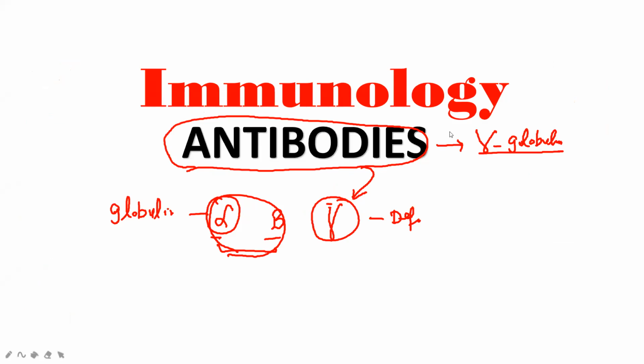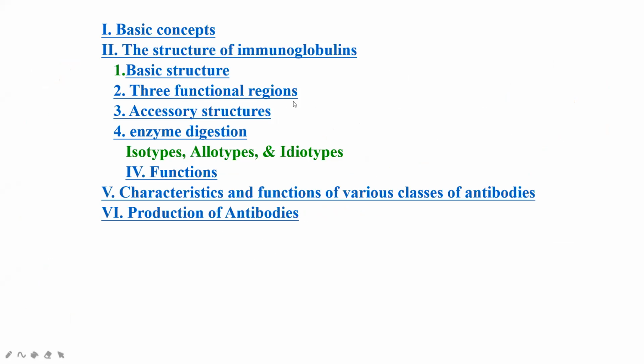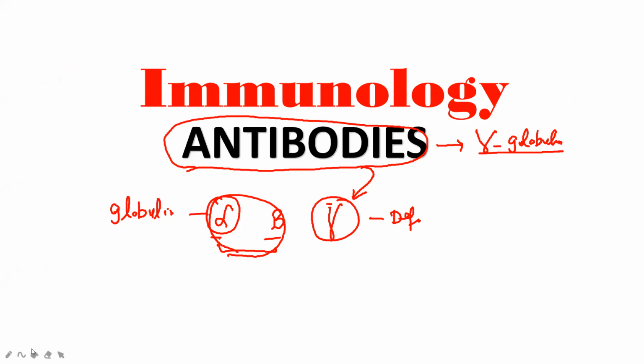Antibody versus structure of antibody. These are gamma globulins. These gamma globulins are mostly produced from B cells. B cells change to plasma cells, and plasma cells produce antibody.